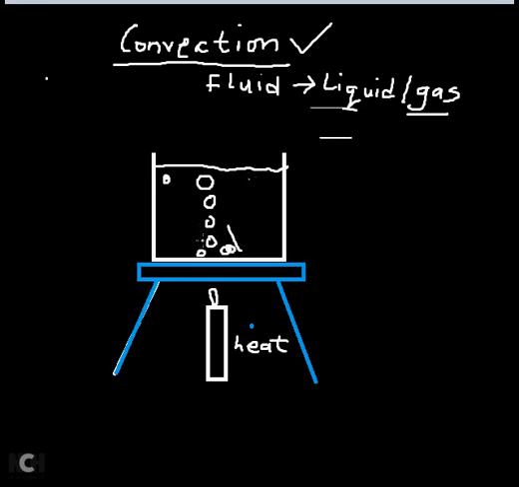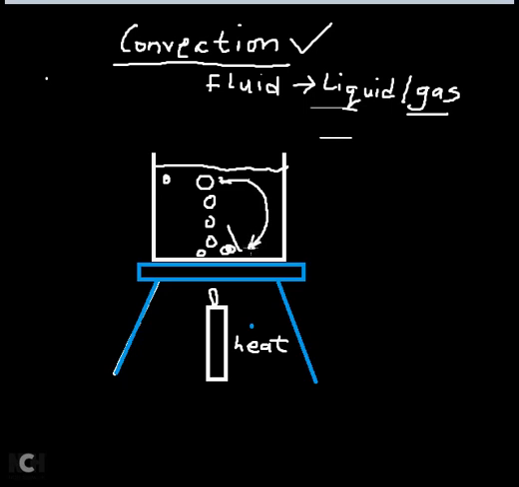Hot molecules go up while cold molecules come down to replace the hot molecules, and that is how convection works. We call it a convection current.